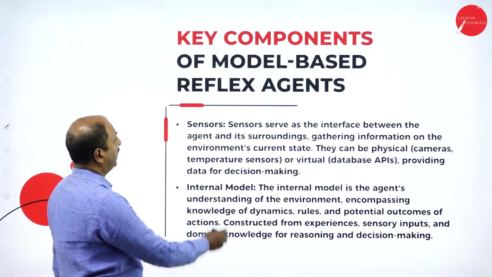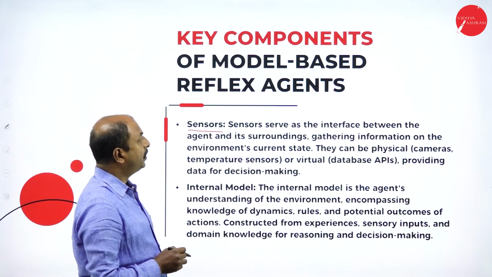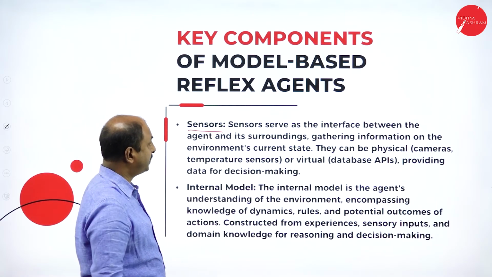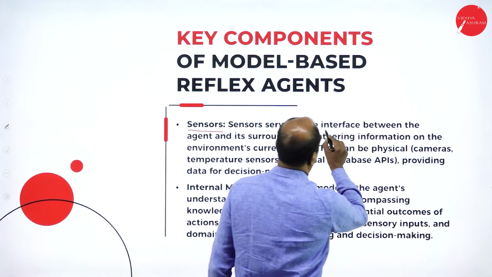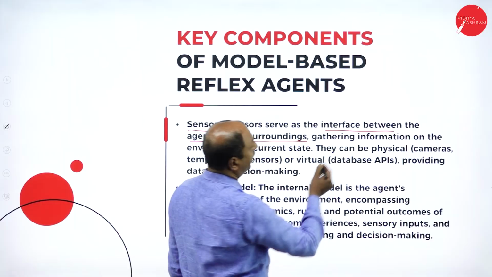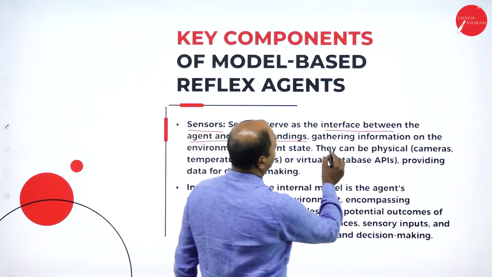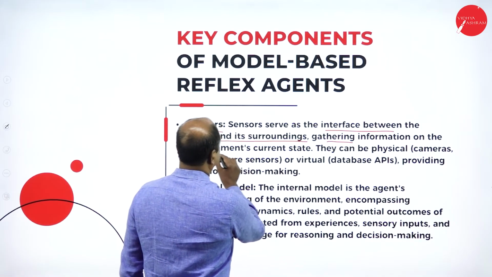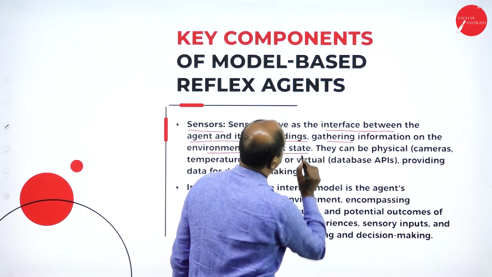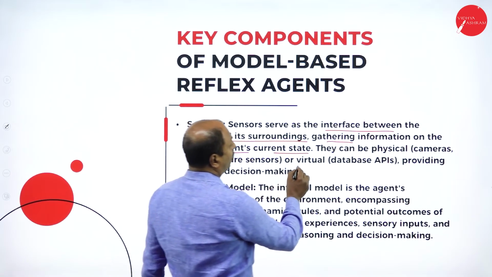As we have seen, first we have sensors, and what is the function of sensors? It is an interface between the agent and its surroundings or environment, to gather information on the environment's current state. And they can be physical or virtual.